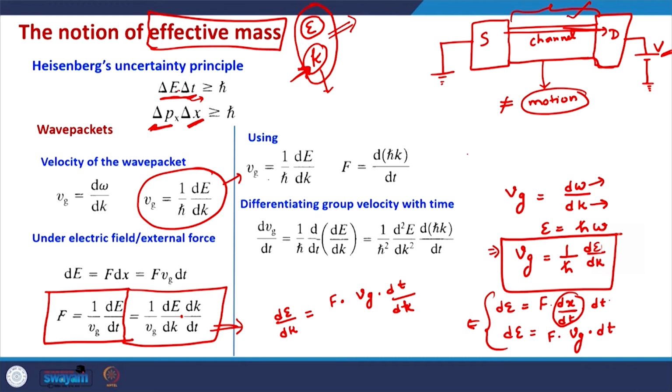Okay. So, this is the expression for the relationship between Vg and dE by dk, and so if we differentiate this expression with respect to t, then we obtain 1 by h bar d by dt of dE by dk, and now this dE by dk can be written from this equation.